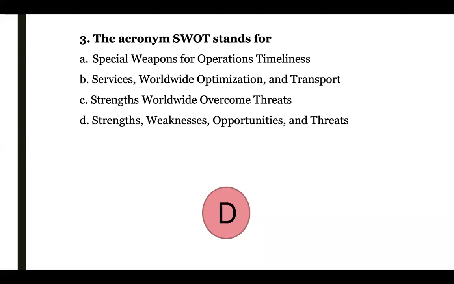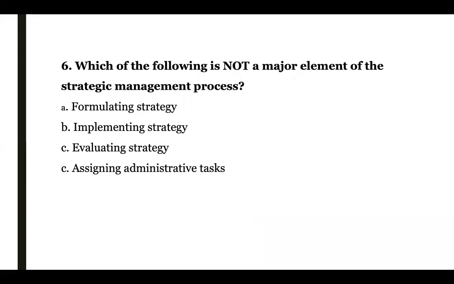Yes, four elements. Okay. So which of the following is not a major element of the strategic management process? Formulating strategy, implementing strategy, evaluating strategy, or assigning administrative tasks. Answers? Somebody answered C. Not a major element.